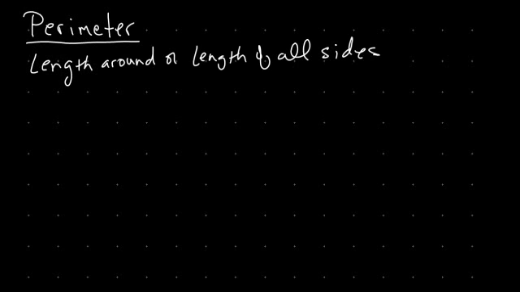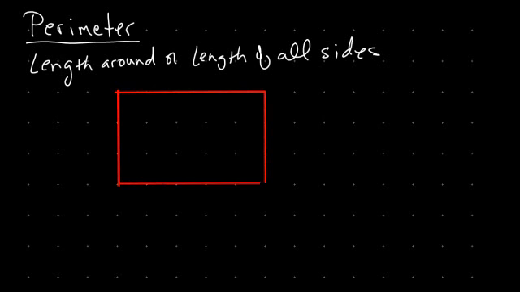tape measure and measure. The only thing that gives us issue is arcs, things that are circular. But for example, let's have a rectangle here, and let's say this side is 3 feet and this side is 5 feet.